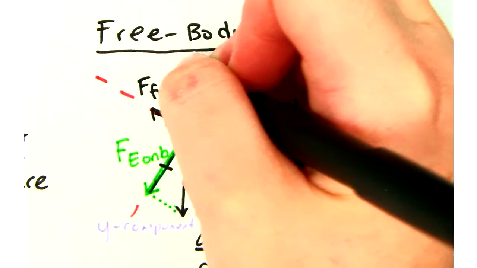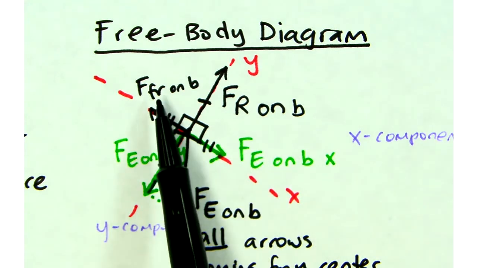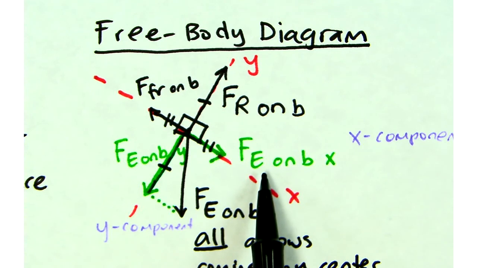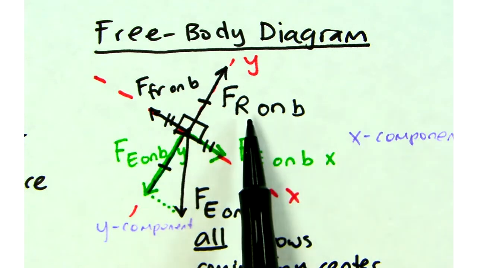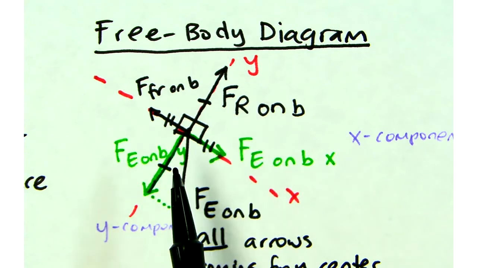All right, and so then in the end, we can see that our force of friction is the same as the force of the Earth on the box in the x direction, or down the ramp. The force of the ramp on the box is the same as the force of the Earth on the box in the y direction. Those are identical, but in opposite directions. And this is what our free body diagram would look like.